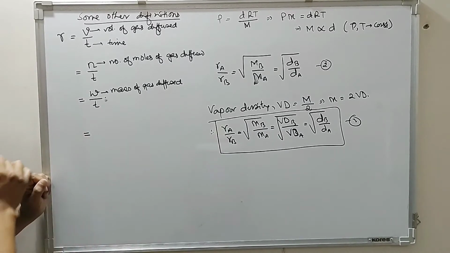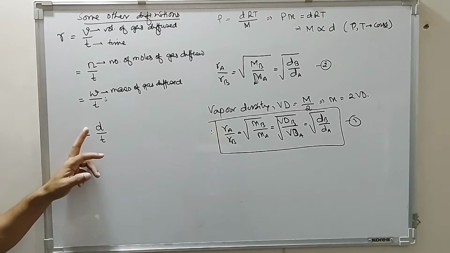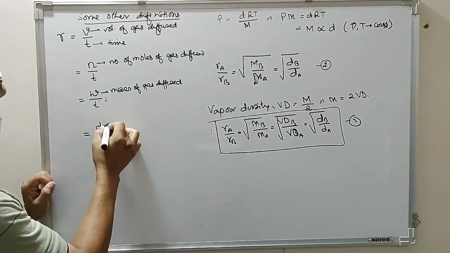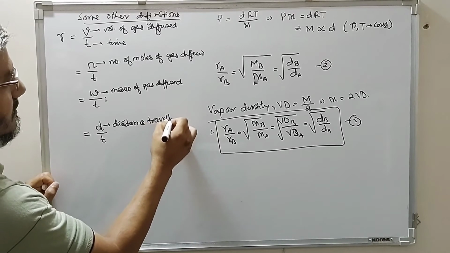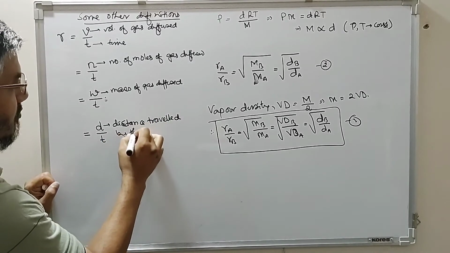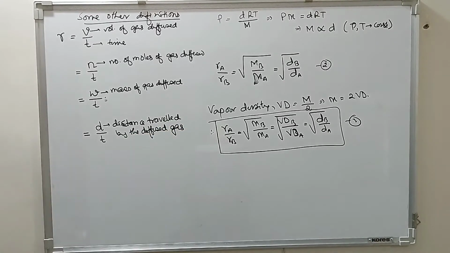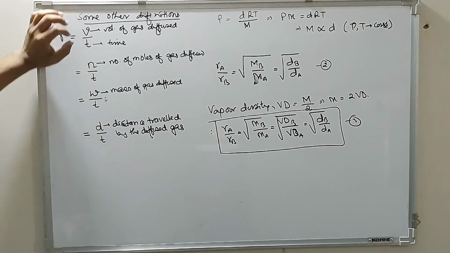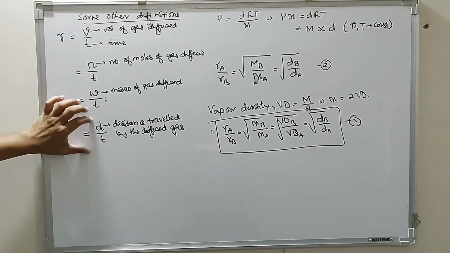This is also defined as d by t, where d is the distance traveled by the diffused gas per unit time. So the rate of diffusion is equal to volume diffused per unit time, number of moles of gas diffused per unit time, mass of gas diffused per unit time, or distance traveled by the diffused gas per unit time.